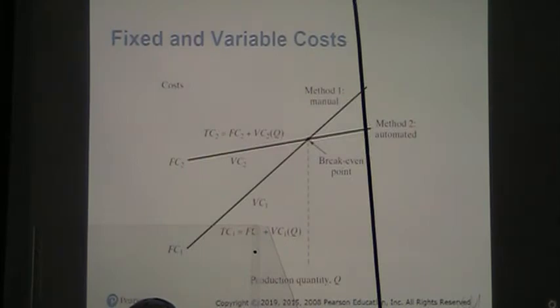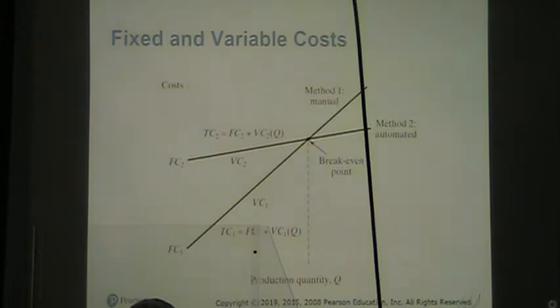Whereas method 2 is our automated production. It has a higher fixed cost but a lower variable cost, most likely the result of less manual labor having to go into the production.